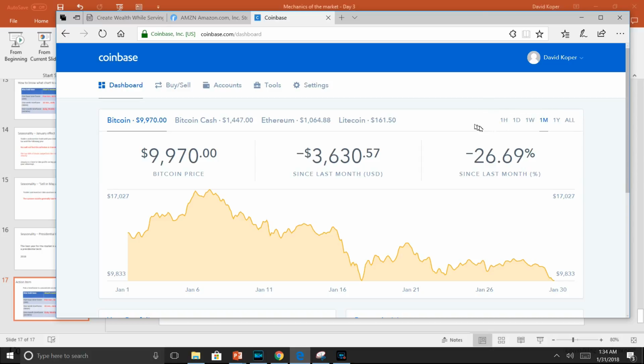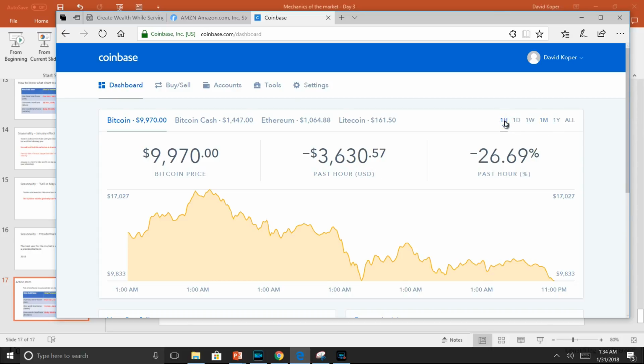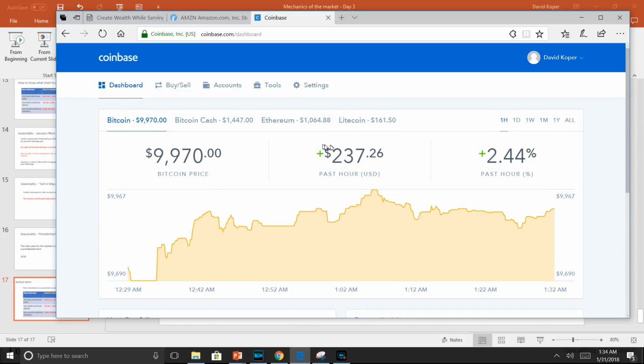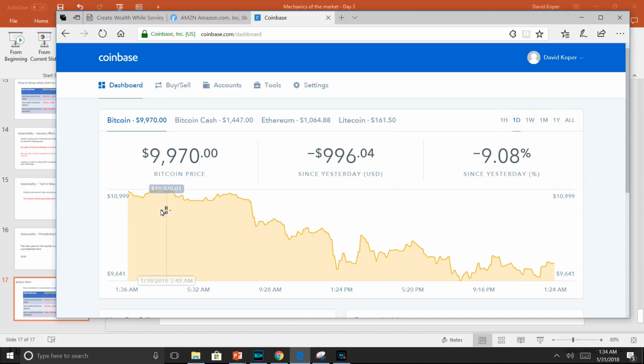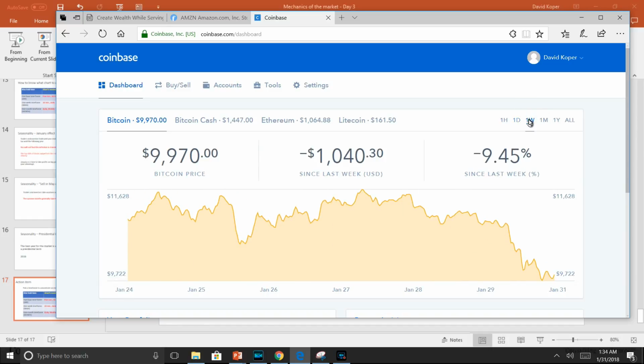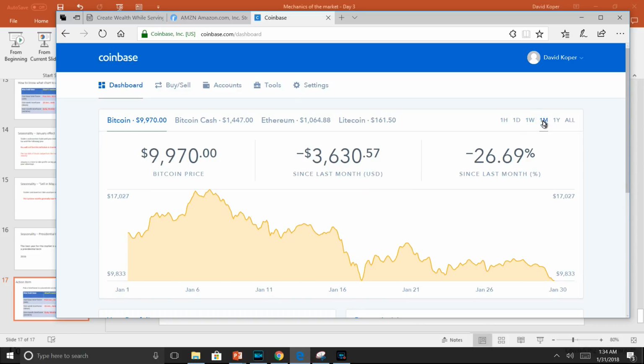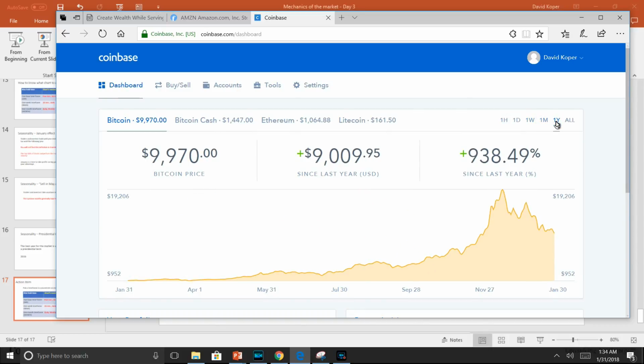Right in this upper right hand corner, you can see that you can come down to the 1 hour time frame, and then that's the range for the day, and then that's the range for the week, and that's the range for the month.